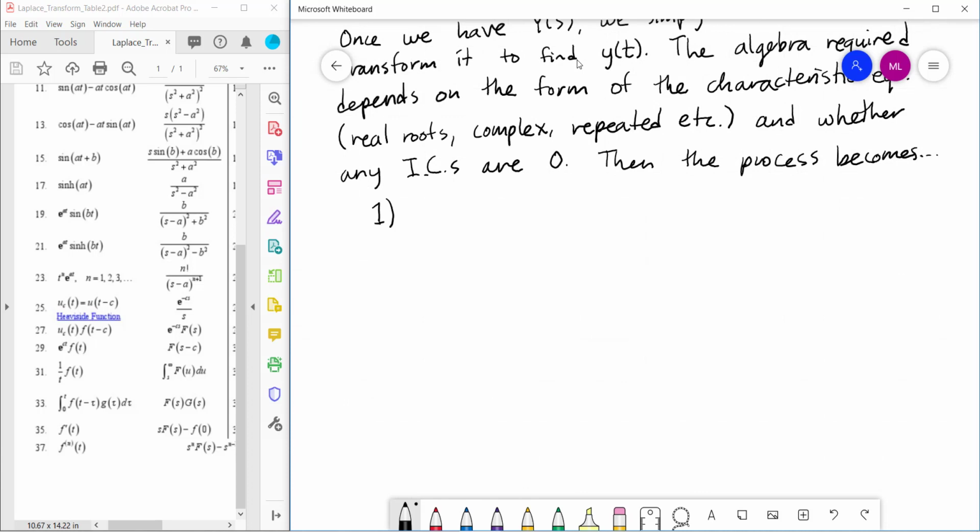step number 1, factor or complete the square of that characteristic polynomial that's in the denominator.